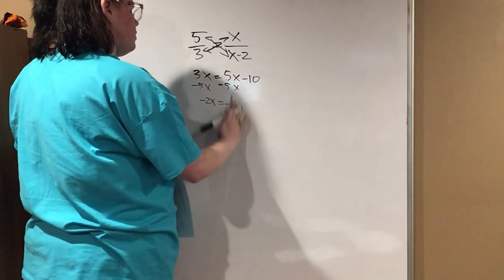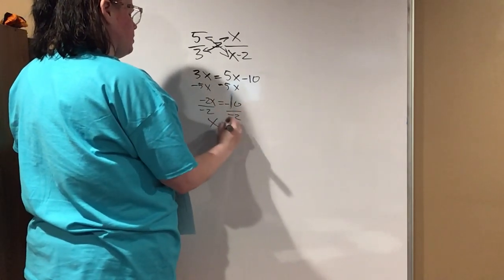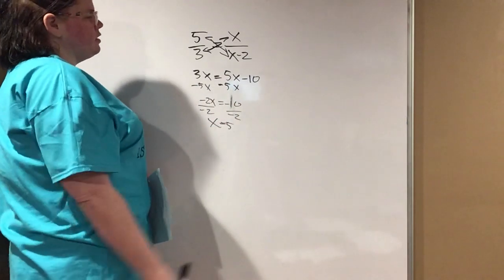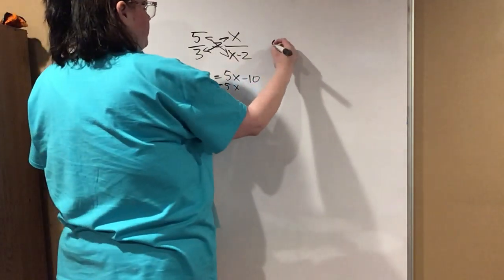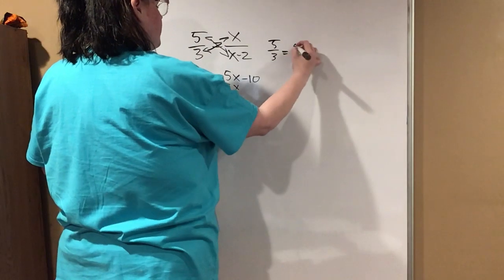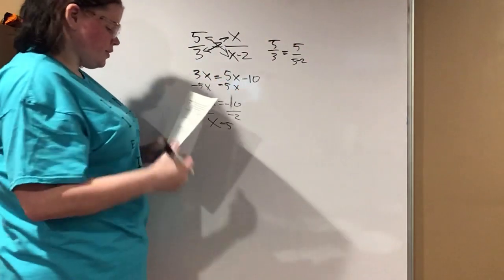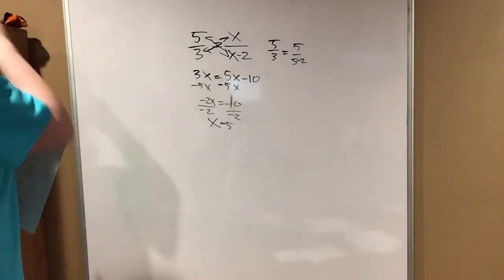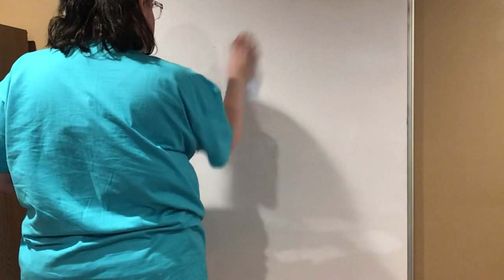And then divide by negative 2. X equals 5. And then you plug it back in. You get 5/3 equals 5 over 5 minus 2, which is 5/3 equals 5/3. So you're just plugging it back in when you're done, just to make sure it makes sense.